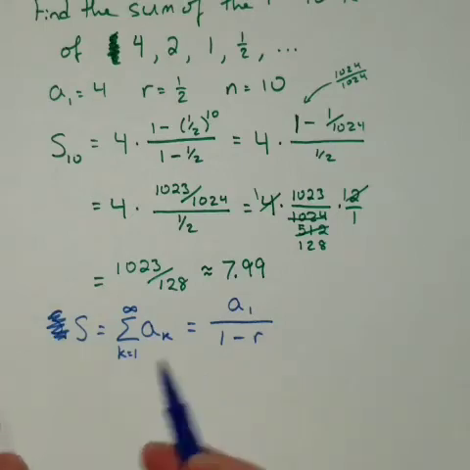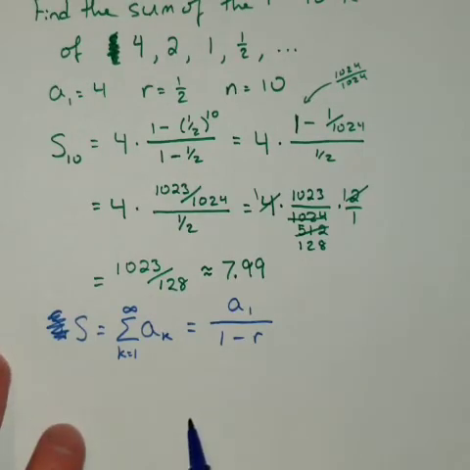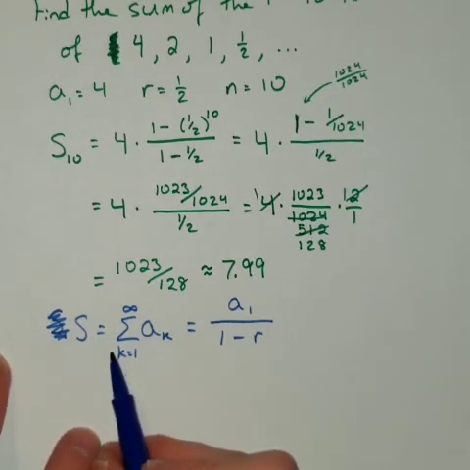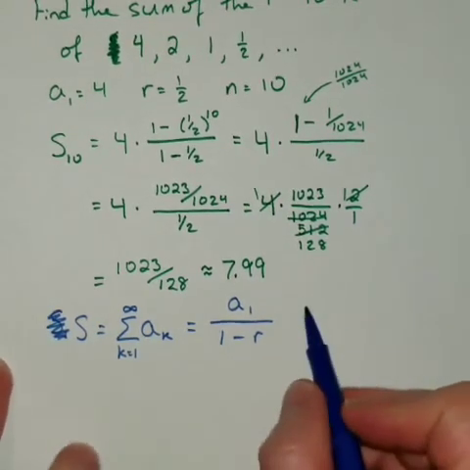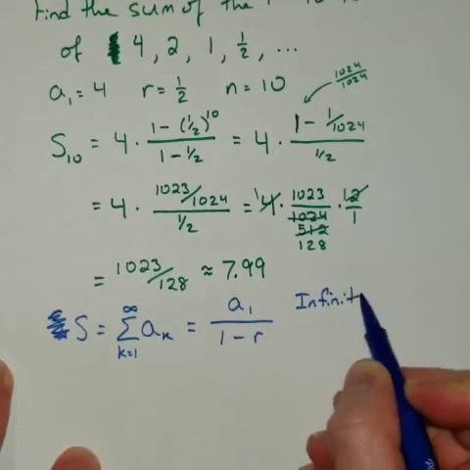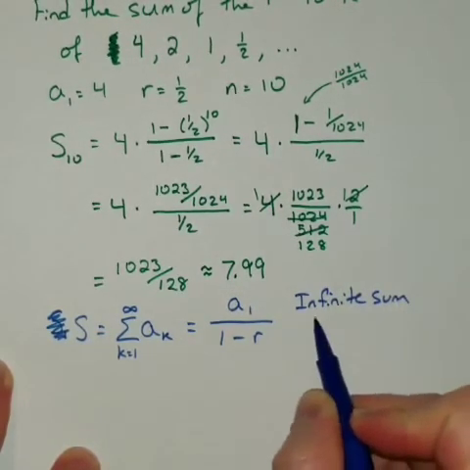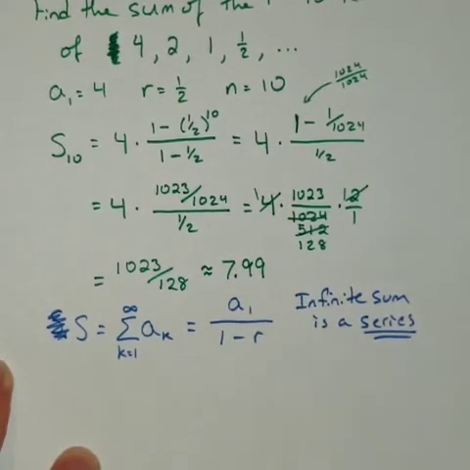Anyway, this ends up being the formula when we're all said and done. These are called geometric series. An infinite sum is called a series. Okay. So a geometric series.